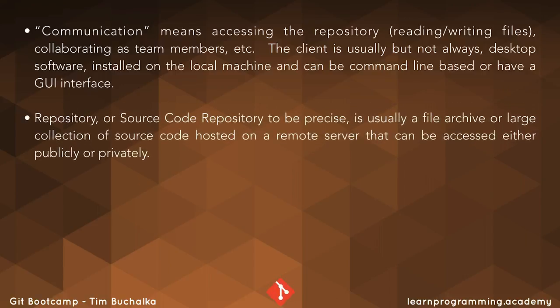Now the repository, or to be precise, source code repository, is usually a file archive or large collection of source code hosted on the remote server that can be accessed either publicly or privately.